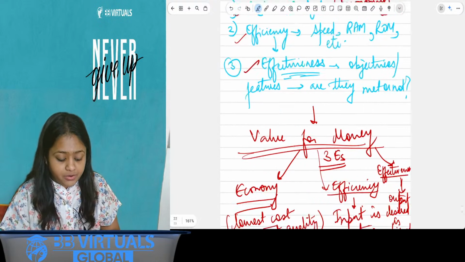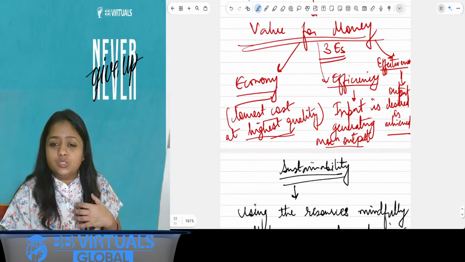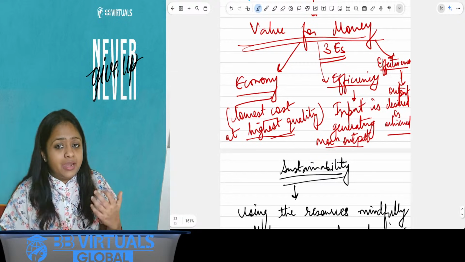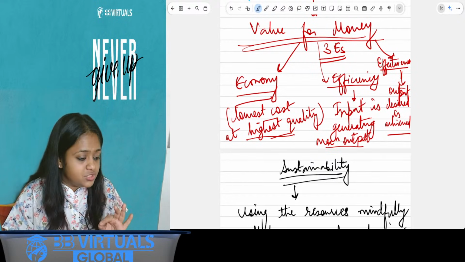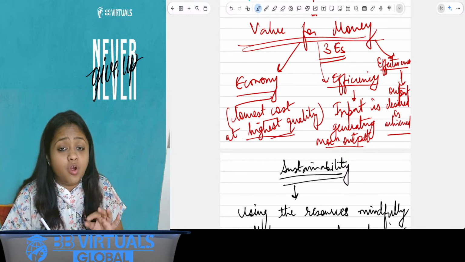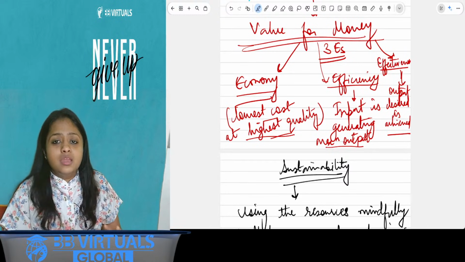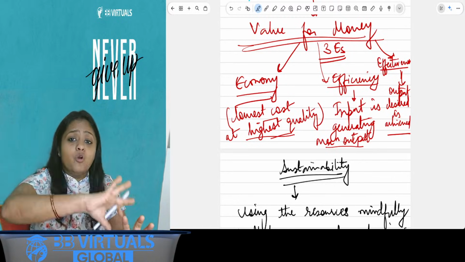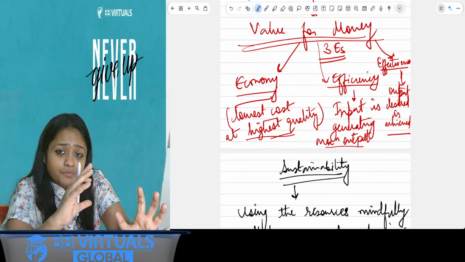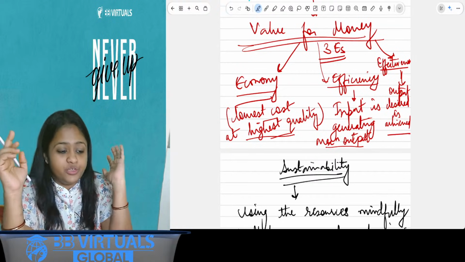What all inputs we desire, and are they giving us the desired results or not? Is the input that you have put in giving you the maximum output or not? So we are taking the input output relationship, which is efficiency.